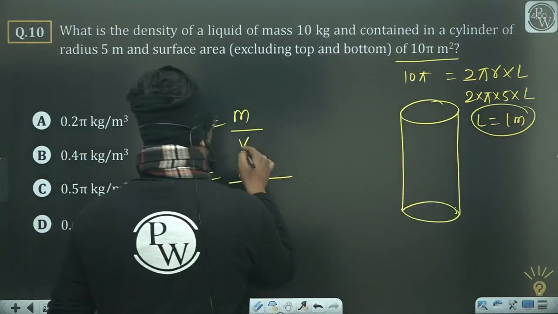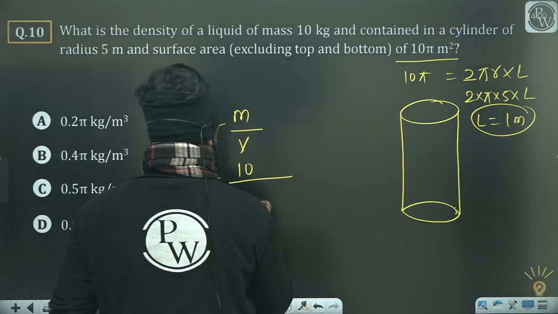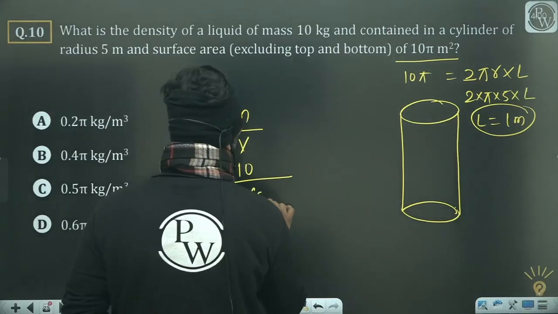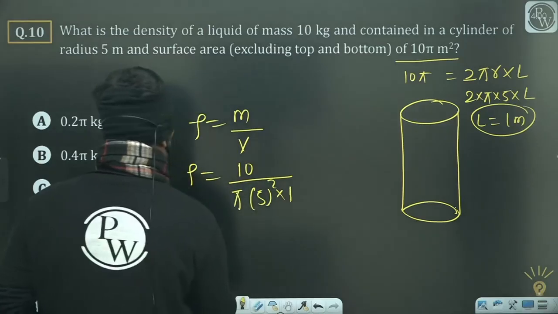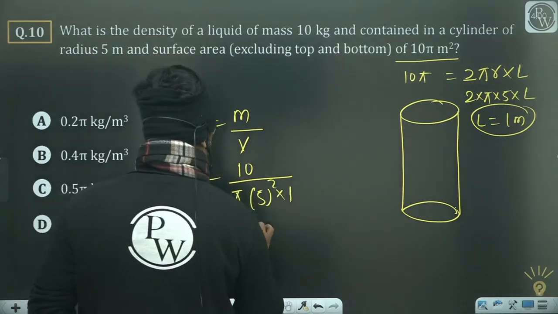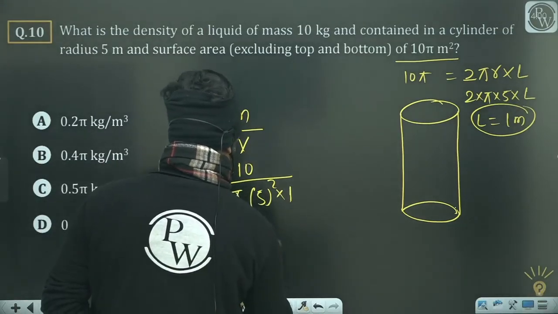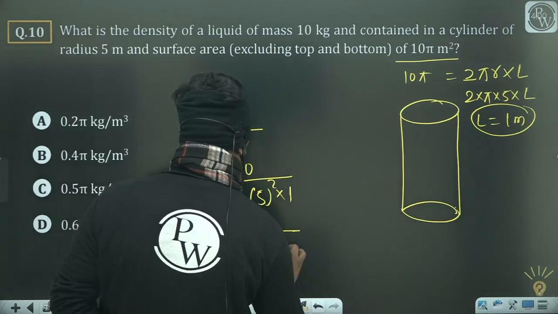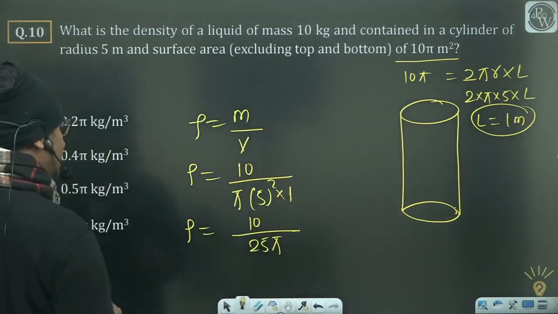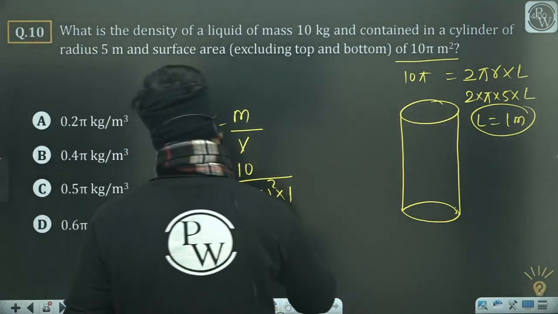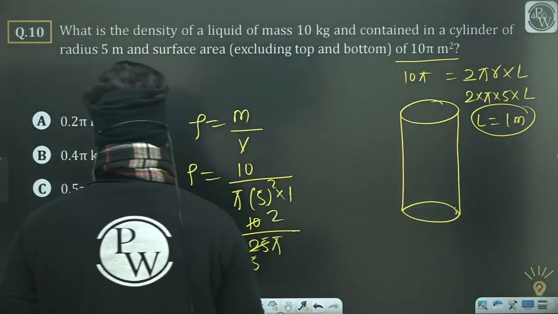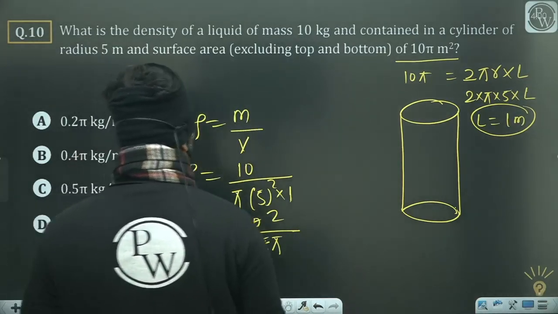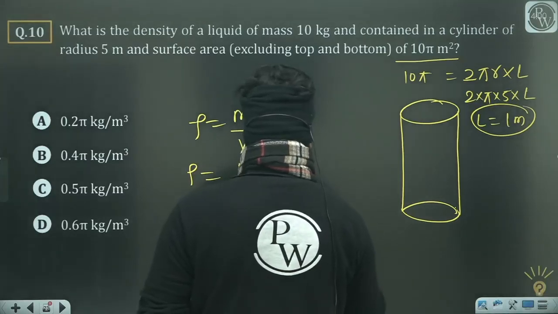Now finding volume will not be a problem for you. Volume will be what? Pi r square, r we have 5, square into h. Length we have already found as 1. So density will be 10 divided by 25 pi. So if you calculate, we are getting somewhere around 2 by 5, 0.4 approximately.